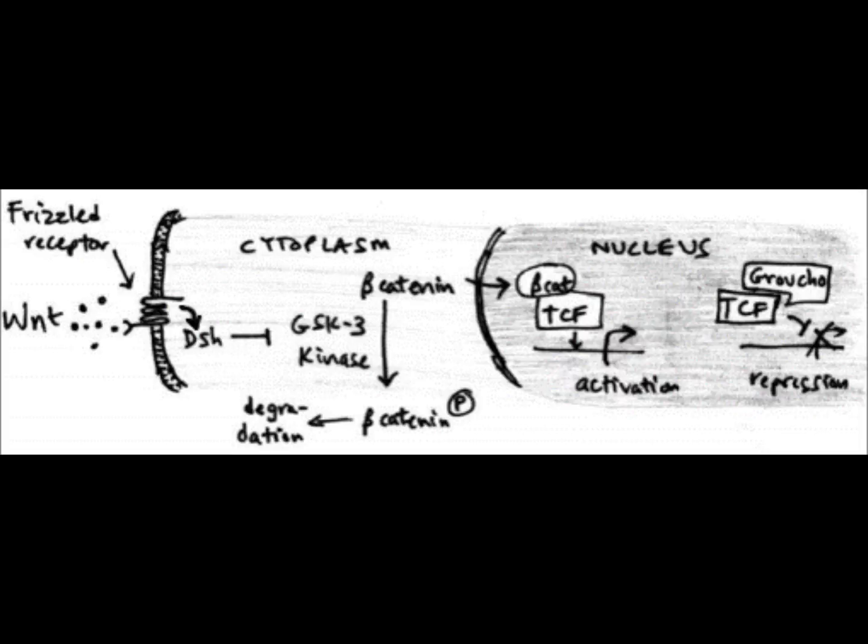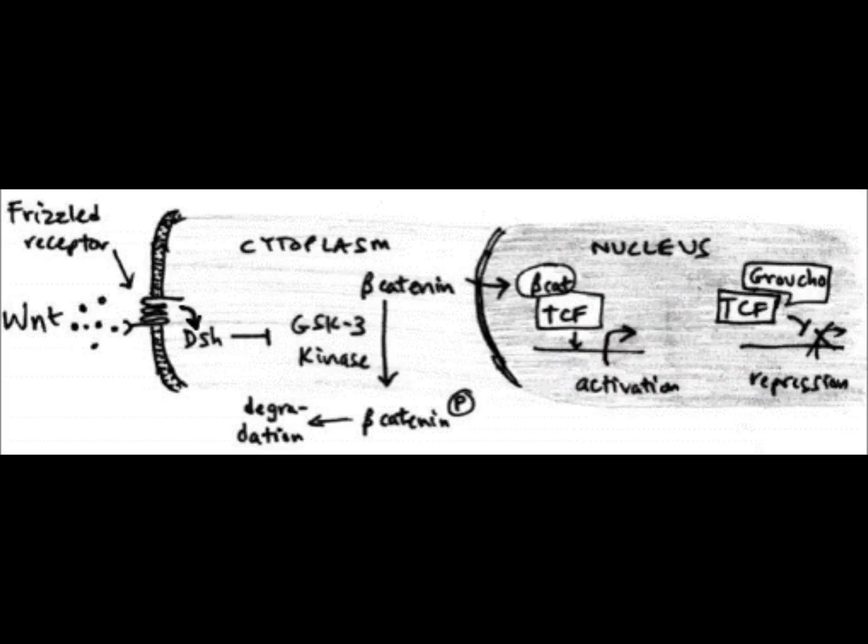Now, the activity of disheveled is to block the activity of GSK3 kinase in the cytoplasm. GSK3 kinase phosphorylates β-Catenin, which marks it for degradation and also does not allow it to enter the nucleus. So since disheveled is activated, GSK3 kinase is repressed.